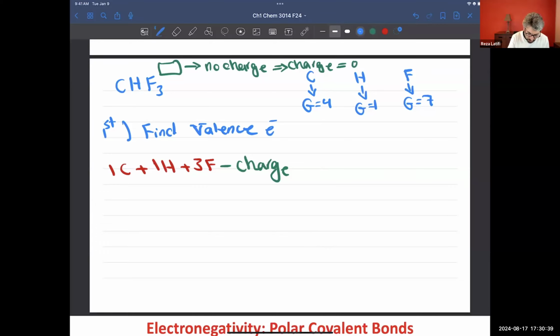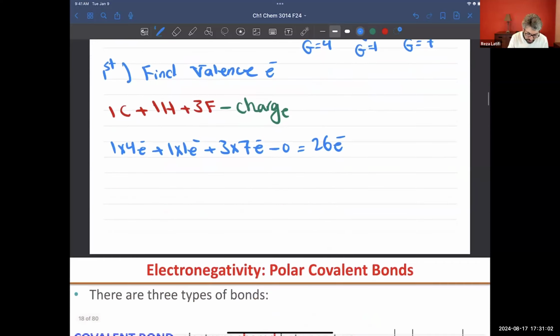So I'm going to say 1 multiply 4 electrons for carbon, 1 multiply 1 electron for hydrogen, and 3 multiply 7 electrons for each fluorine, minus the charge. What's the charge? It's 0, so we don't care about that one. I get 21 plus 1 plus 4, that's 26 electrons. We got 26 electrons.